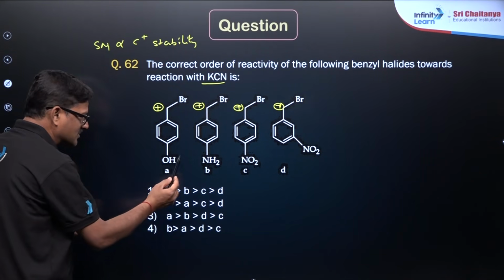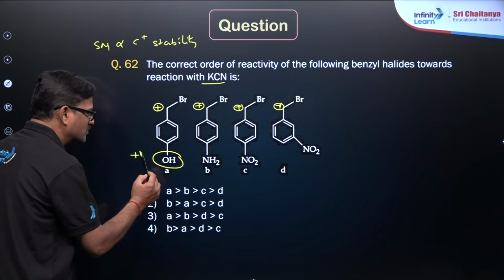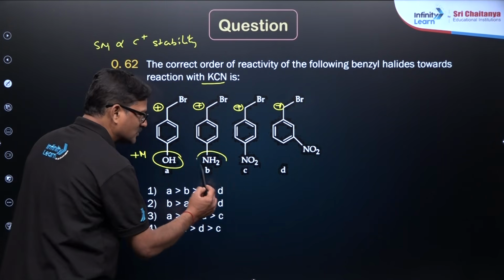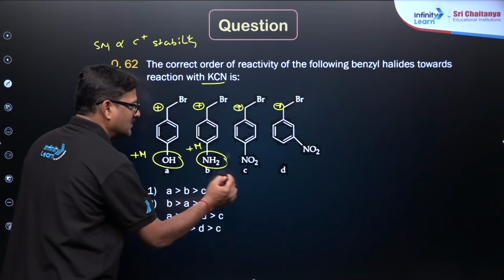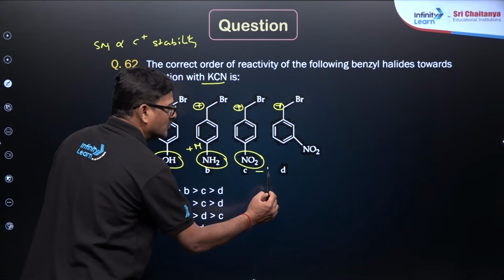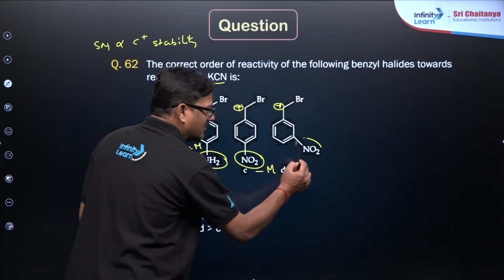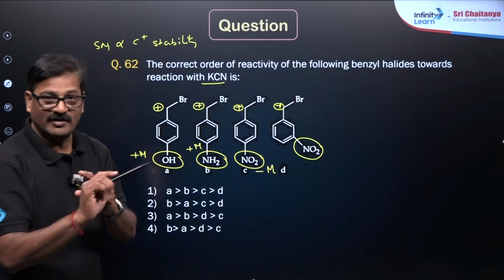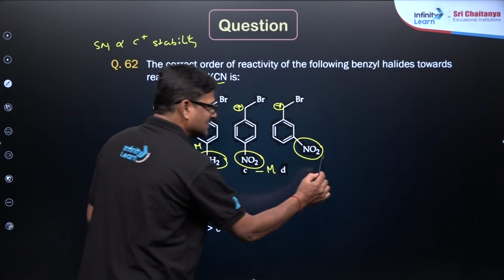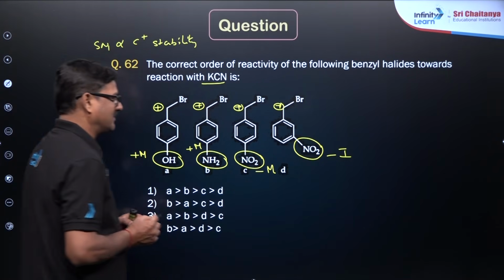If you consider this is OH, it is going to have positive mesomeric effect. Here it is also showing a positive mesomeric effect, and this one is showing negative mesomeric effect. Here at meta position the mesomeric effect will not work, so we can say it is just going to be negative inductive effect.